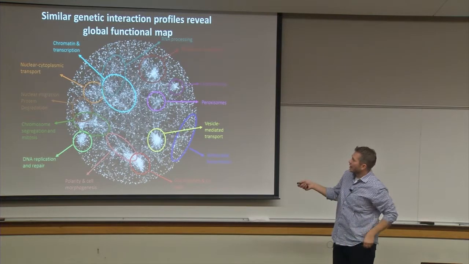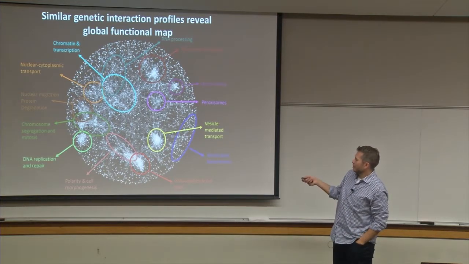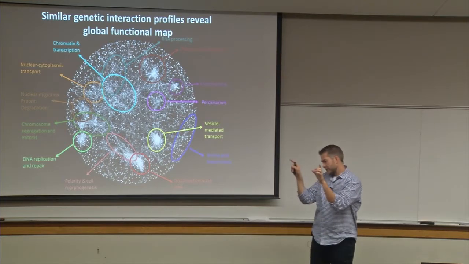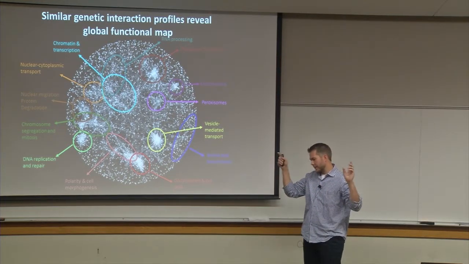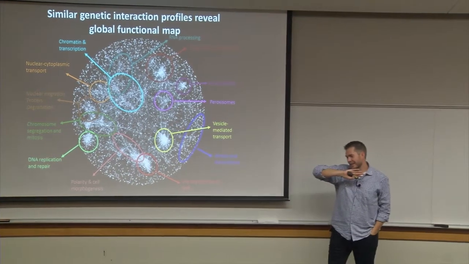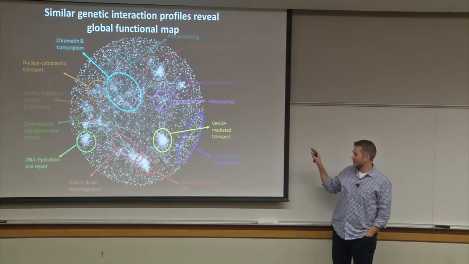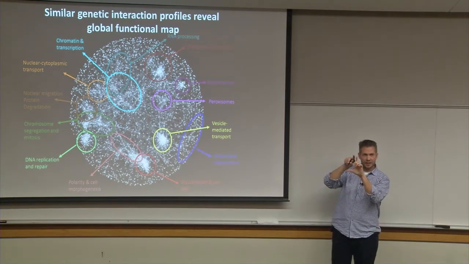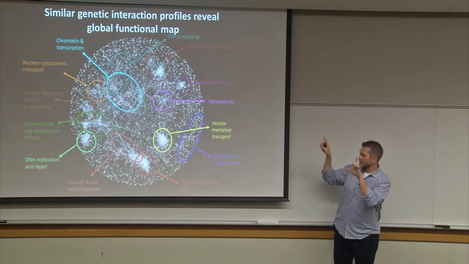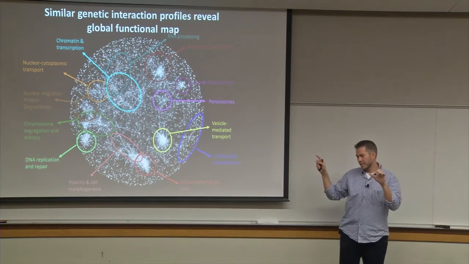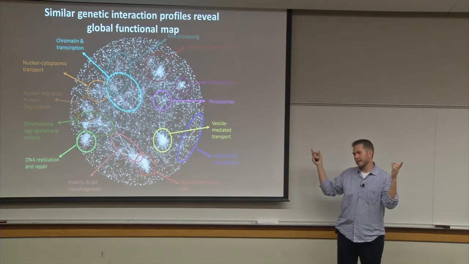Each of these dots here is a gene, and what I'm showing you is not the interactions that I just described, where you knock 2 of them out and have a surprising phenotype. Pretty much like everything in data science these days, it's about figuring out who's similar to whom. You can construct a matrix of these interactions, and the most interpretable thing you can do with it, which maybe is not that surprising, is to look at who shares friends in that network.